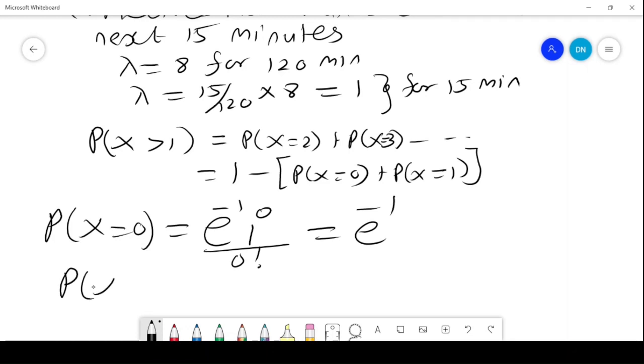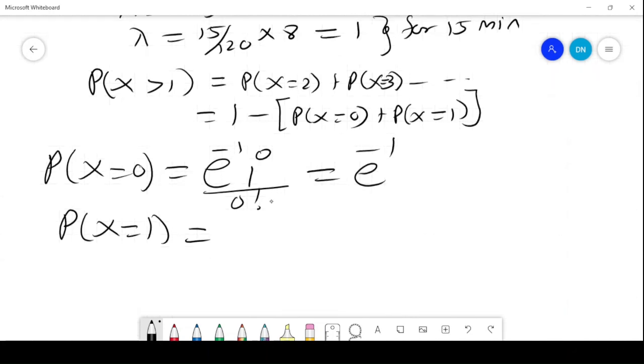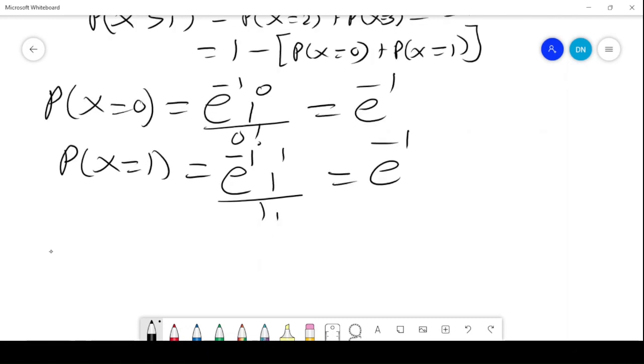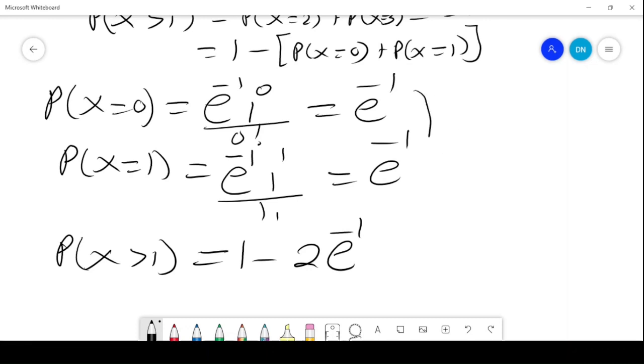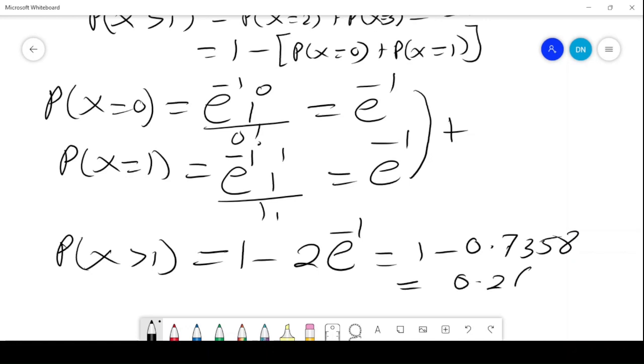Then the second case is the probability that x equals 1, which is e raised to the power negative 1, 1 to the power 1 over 1 factorial, which is e raised to the power negative 1. We can say therefore that the probability that x is greater than 1 is 1 minus 2e raised to the power negative 1. When you sum these two together, that is the value they give, and this is 1 minus 0.7358, which equals 0.2642.